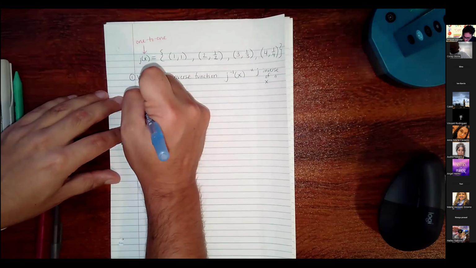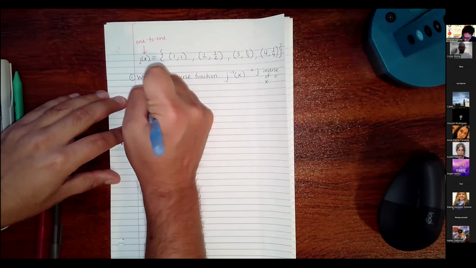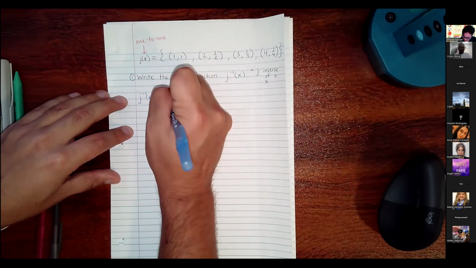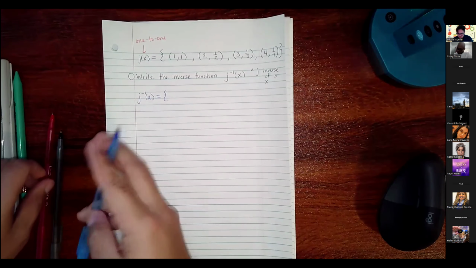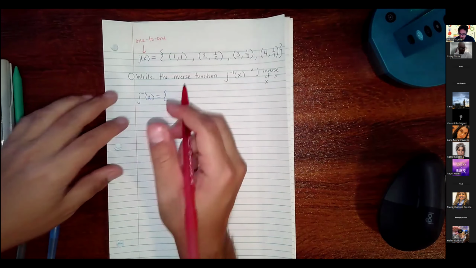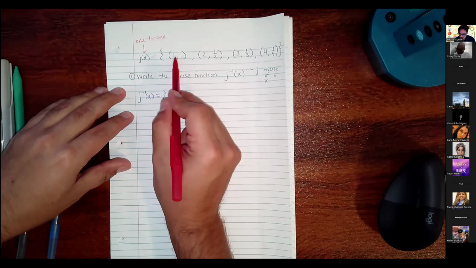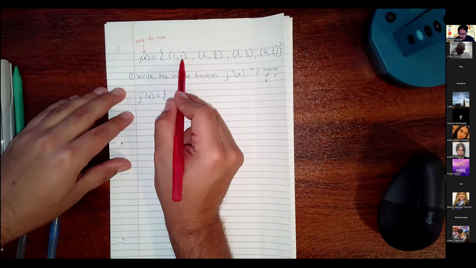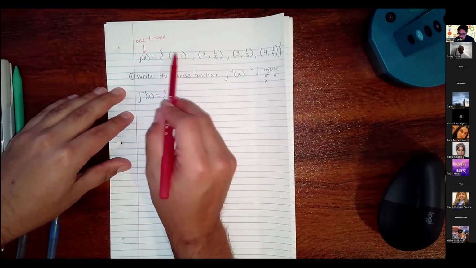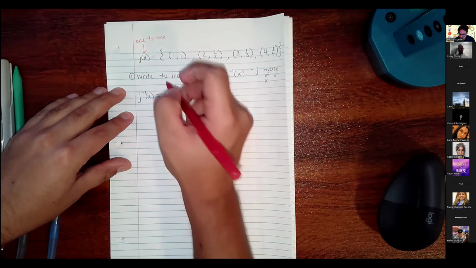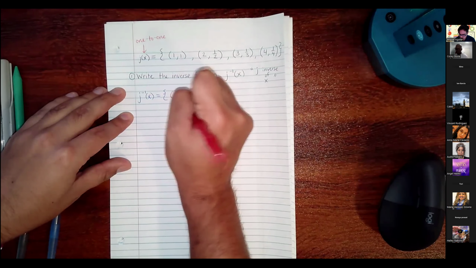Then what you would do is just say, oh, j inverse of x is equal to, and all I'm going to do is swap the position of the x and the y values. So it's not going to look very fancy for this first ordered pair, because if I swap the 1 and the 1, I get 1 comma 1.